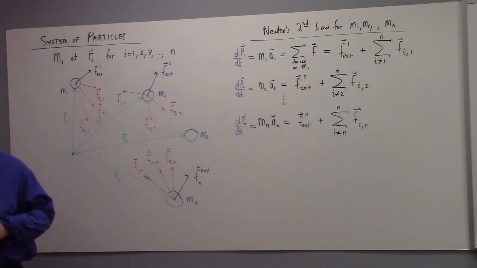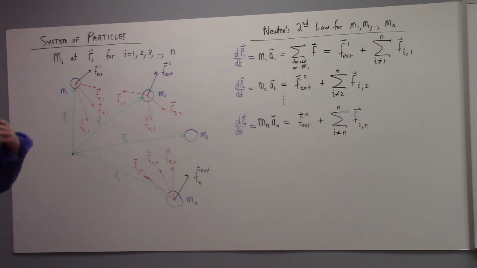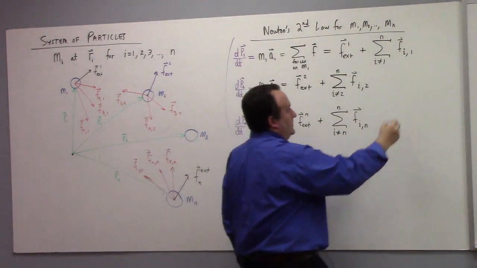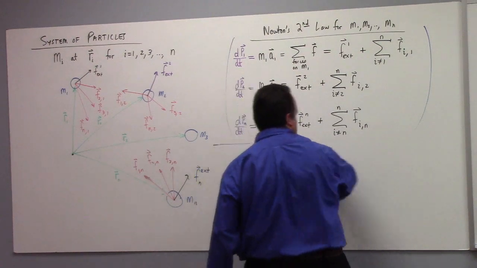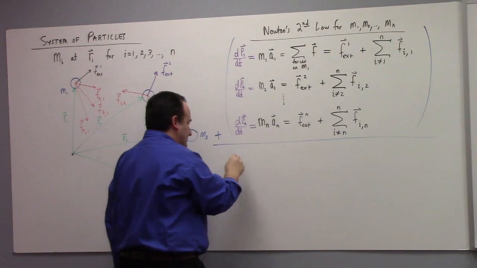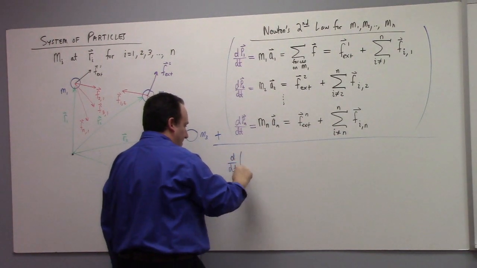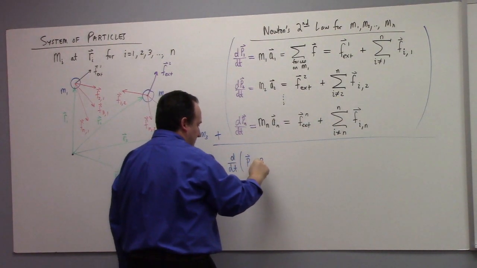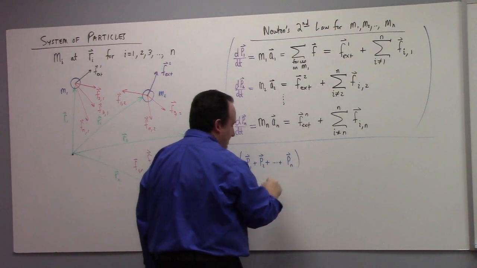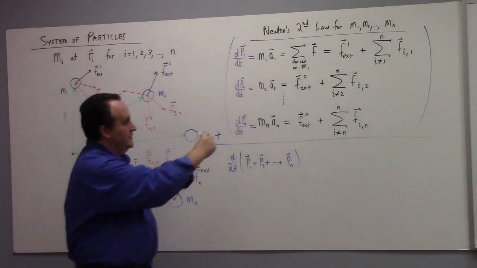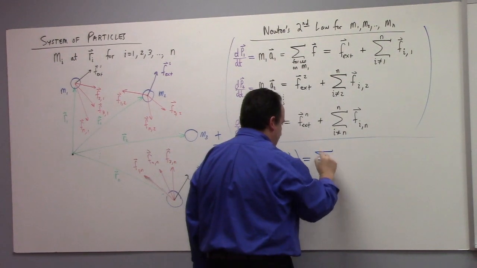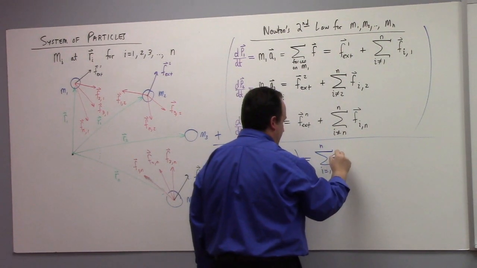Now what we're going to do is just add all of these equations up, right? What happens? Well, when we add the derivatives of the momentum, we get d dt of the momentum 1 plus momentum 2, plus the nth momentum. And what's that equal to? It's equal to the sum over i equals 1 to n of the external forces.